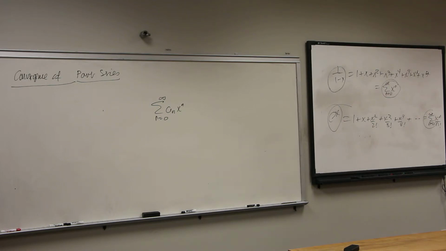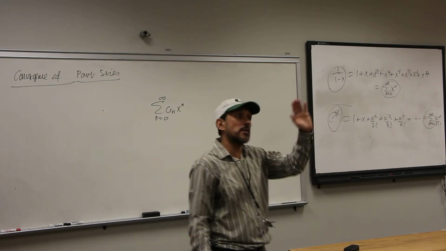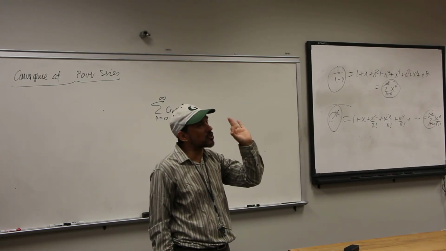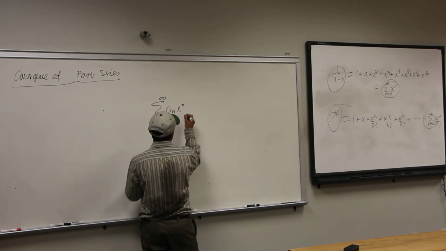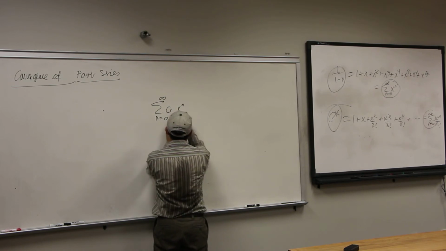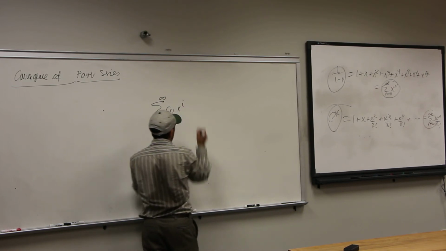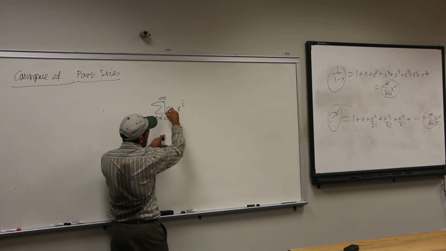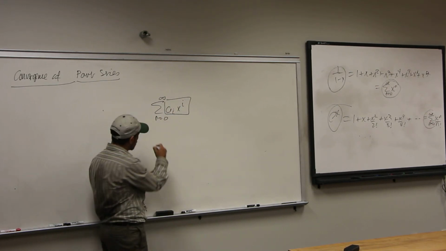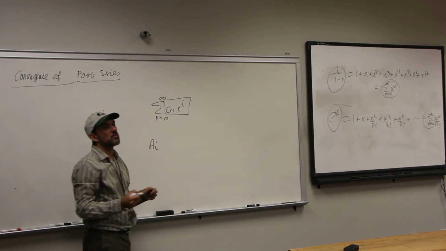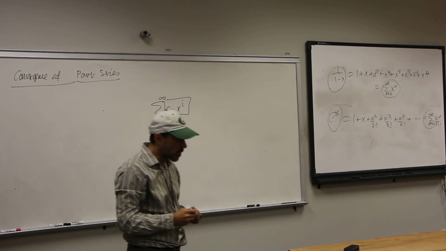We want to determine the convergence of a power series. I would say the first thing you want to try is the ratio test. If you want, you can change this to i's. Now these are your terms. I will call that a_i.